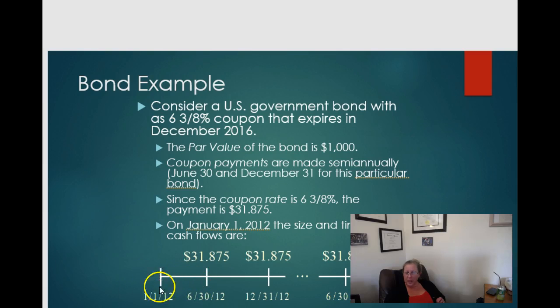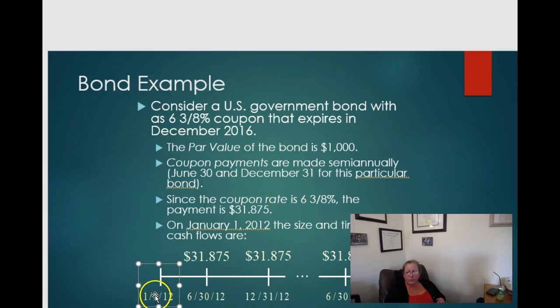On January 1st, 2012, the size and timing of the cash flows are as you see here in this timeline. It begins with the issuance of the bond, and then the first coupon payment is due on June 30th. The next is on December 31st, and it's always going to be $31.87 or 88 cents, because it's based on that coupon rate, which is 6 3/8%, and that never changes.